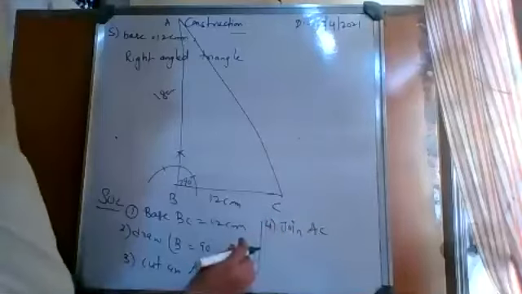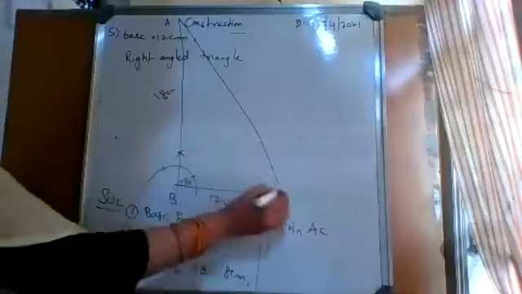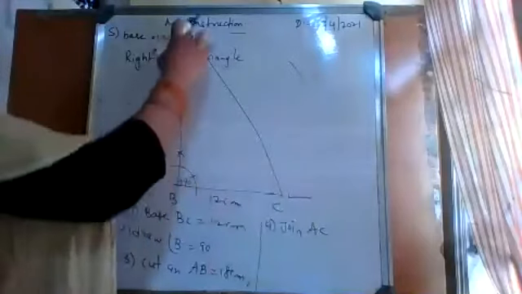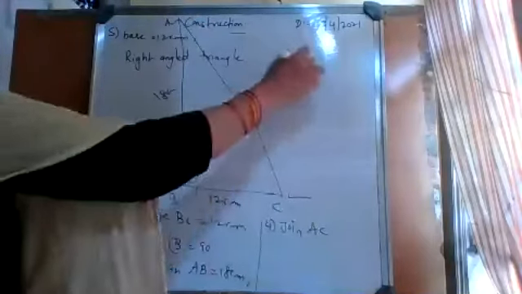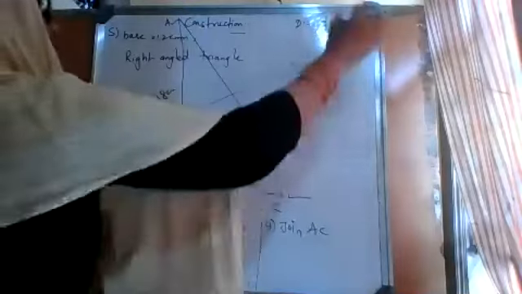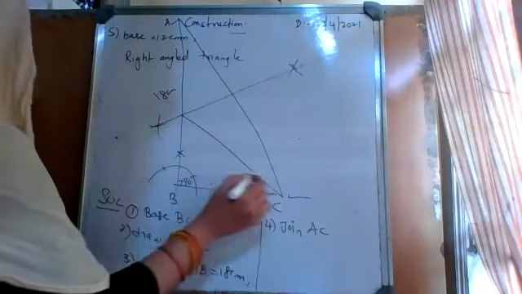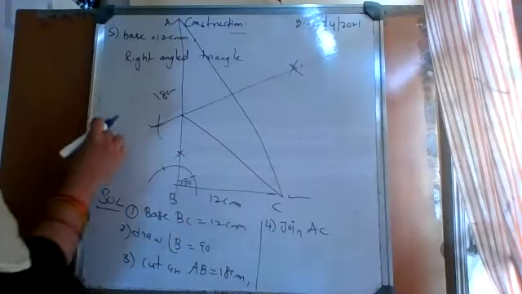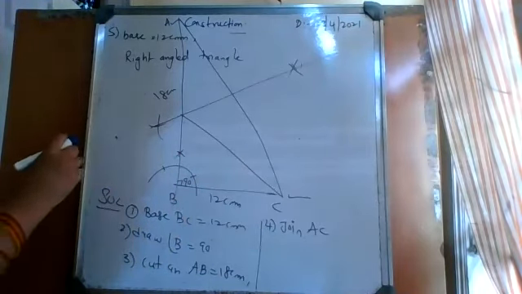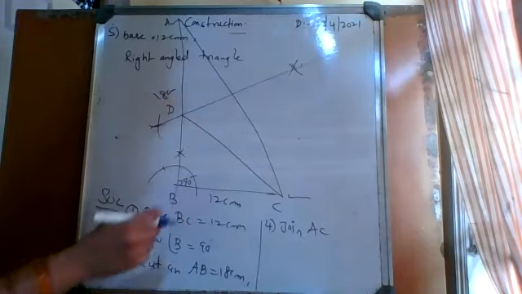After joining AC, draw the perpendicular bisector. Take more than half from here, cut an arc here and here. Same measurement, cut an arc here and here. Then you'll get a line like this. Then join this. So this is some point D. You can give any point here.